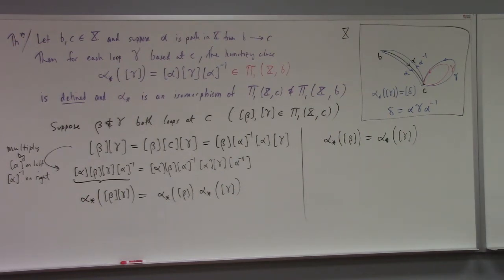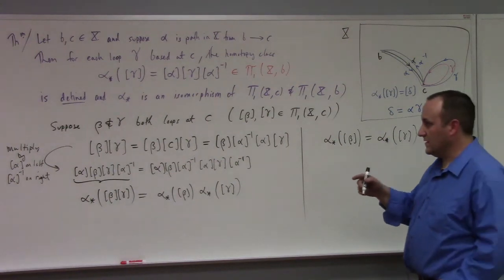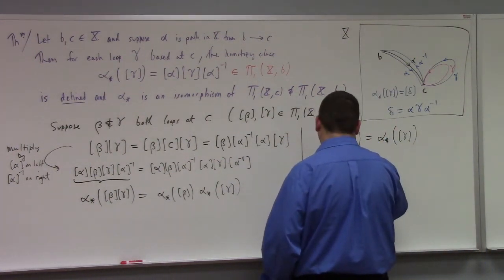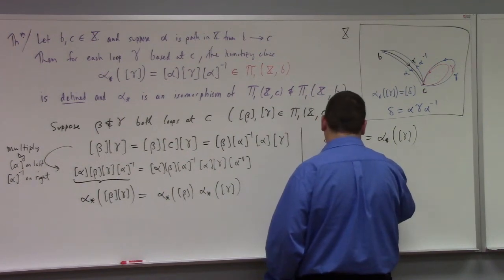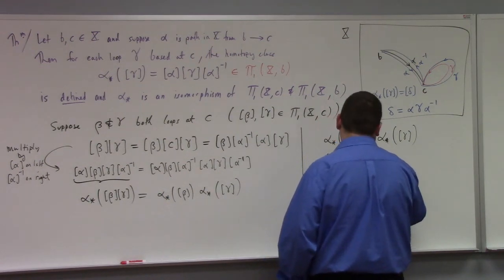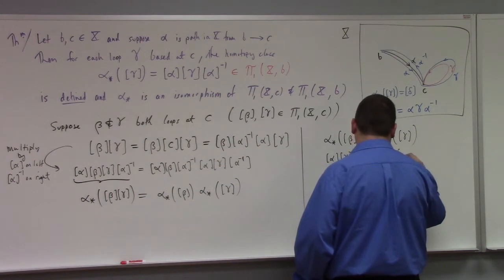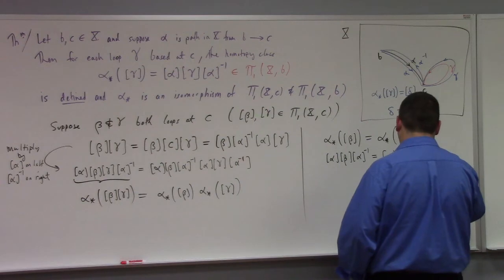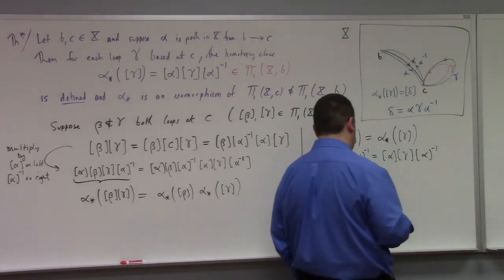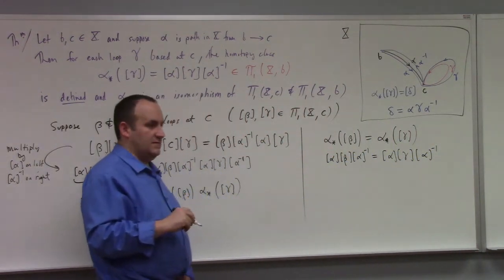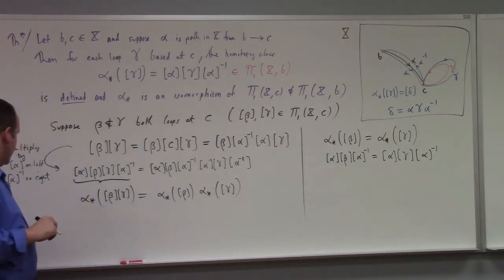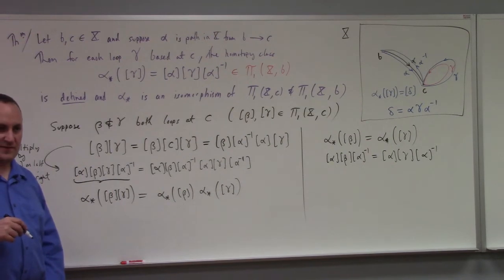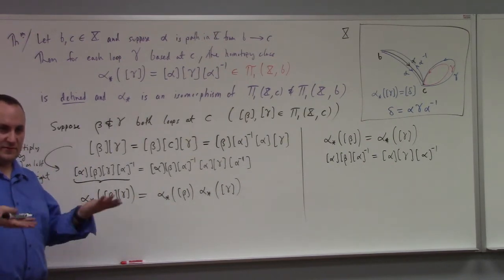So to do that, I guess I'll just write down the definition, right? And then I believe we can just kind of undo what King did in the last one, which is multiply by alpha inverse on the left and multiply by alpha on the right, which will just give us what?